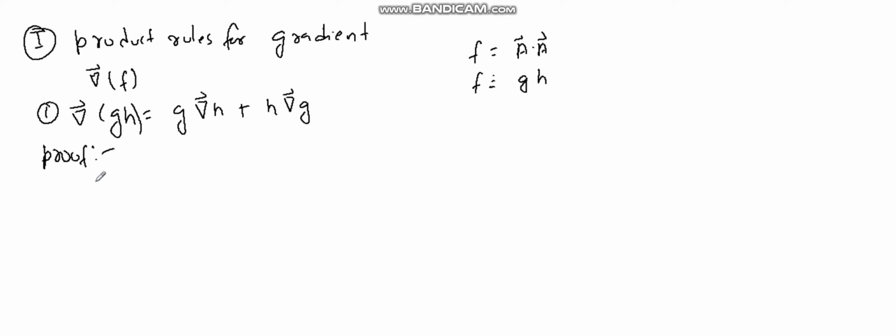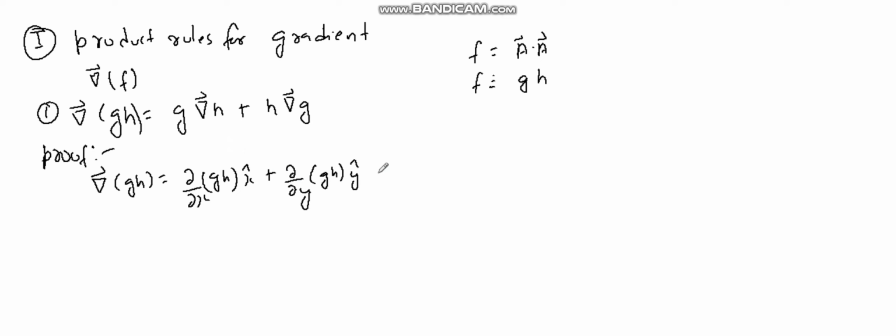Yes, so del of g times h is del by del x of g h x cap plus del by del y of g h y cap plus del by del z of g h z cap.